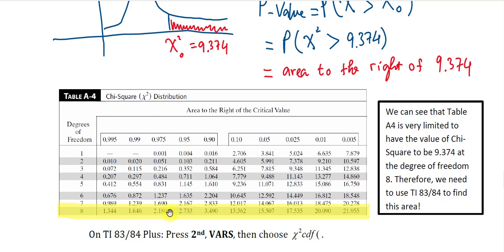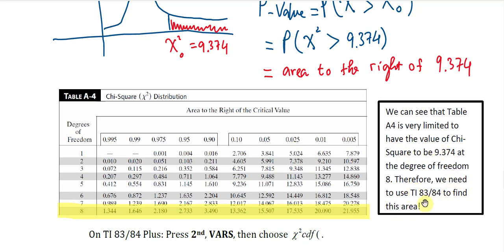So 1, 2, 3 something, there's no 9.374, and clearly the table A4 is very limited to have the value of the chi-square to be 9.374 at the degree of freedom 8, and therefore we cannot get the value from table A4, in this case for the p-value.